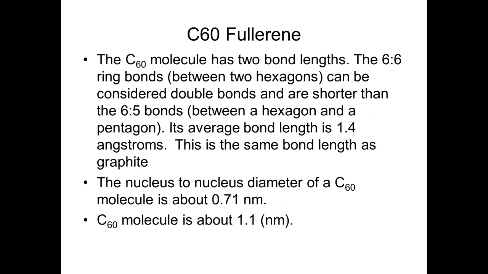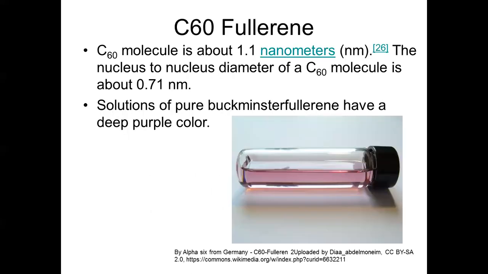The average bond length here is 1.4 angstroms, the same bond length as graphite. The nucleus-to-nucleus diameter of C60 is about 0.71 nanometers, and the C60 molecule is about 1.1 nanometers in diameter.